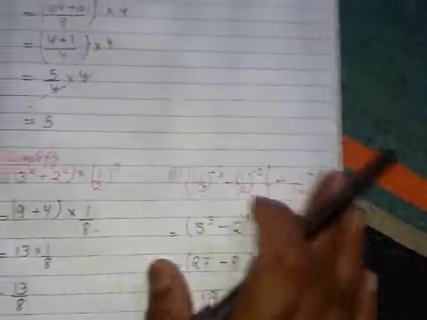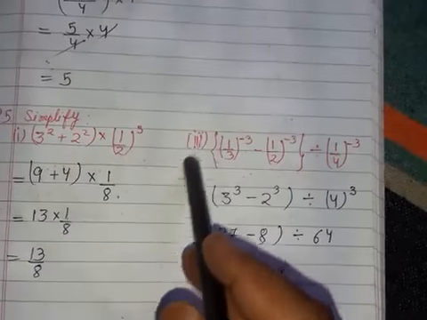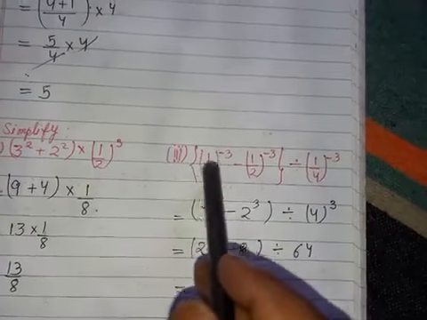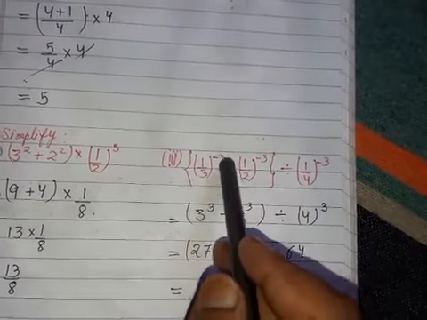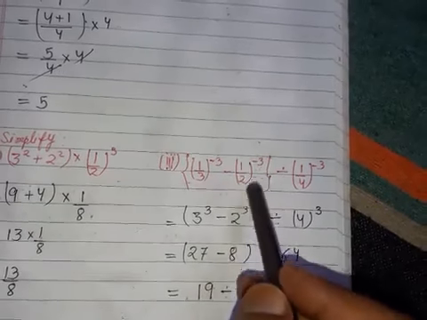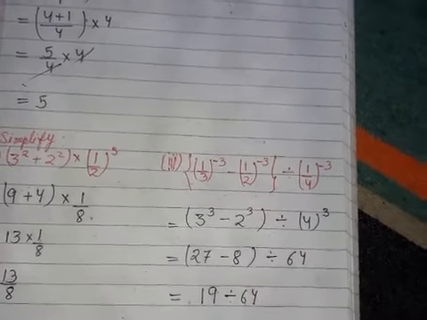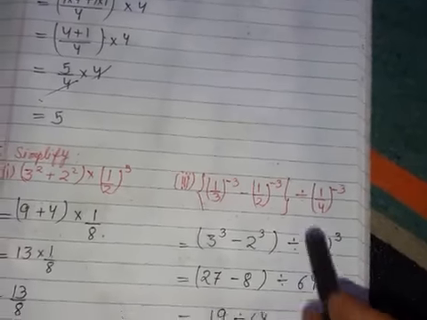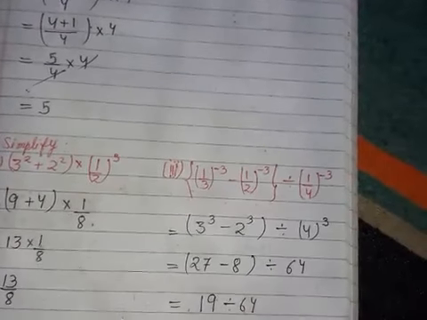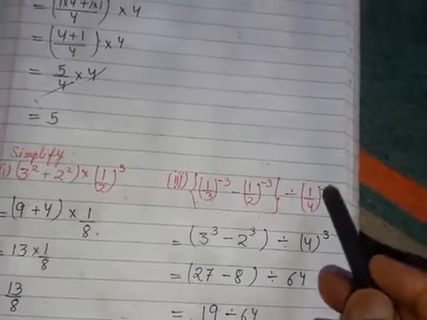Now here third question, 1 by 3 to the power minus 3 minus 1 by 2 to the power minus 3, divided by 1 by 4 to the power minus 3.